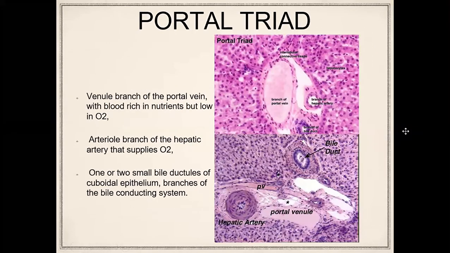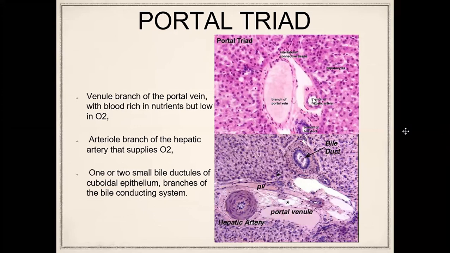Portal triad, okay? Venous branch of the portal vein with blood rich in nutrients but low in oxygen, because it is a vein or venule. Now, the arterial branch of the hepatic artery supplies your oxygen.